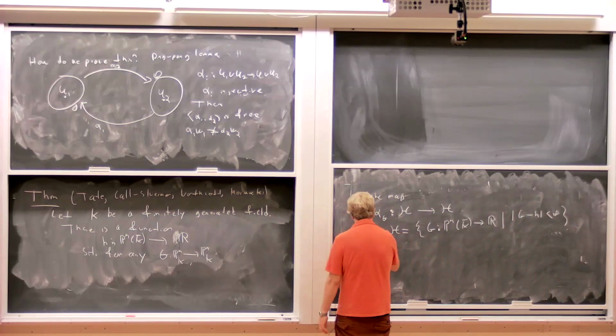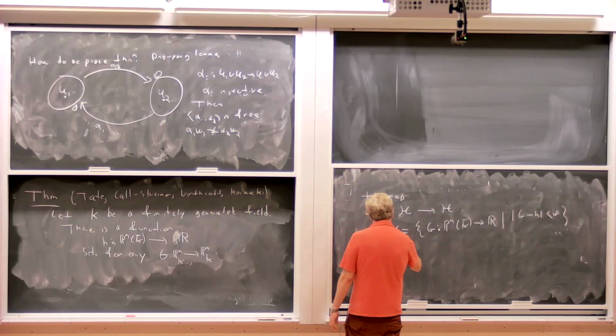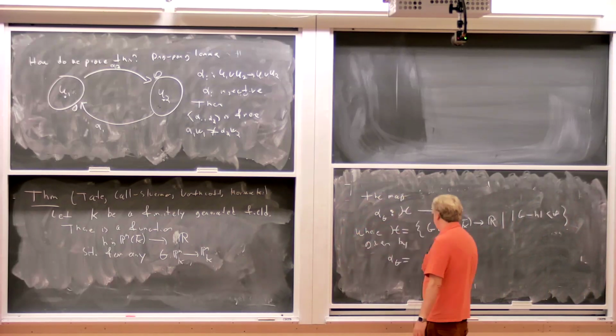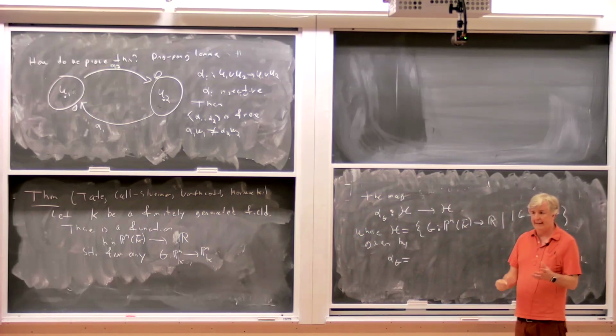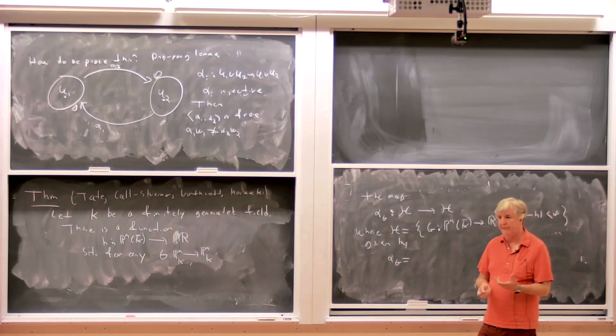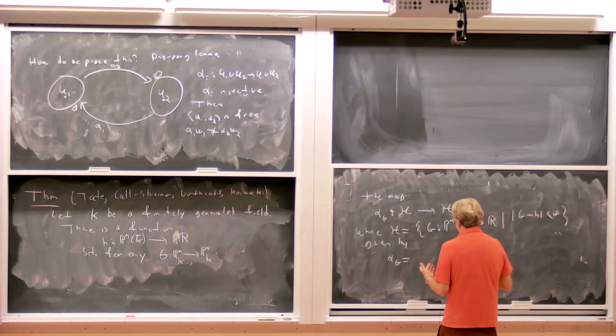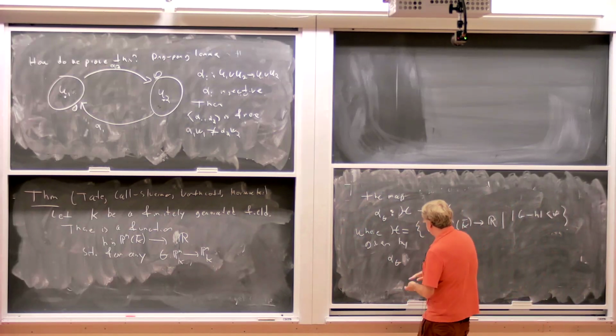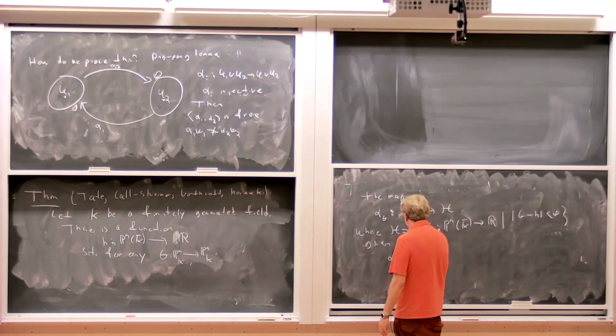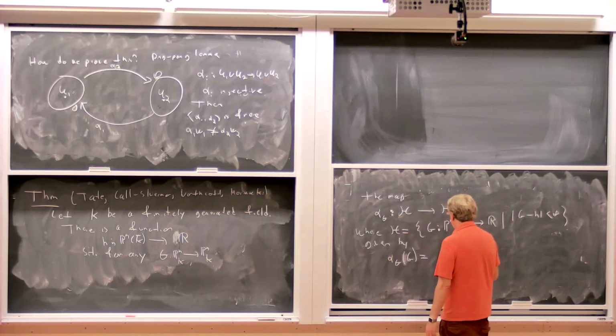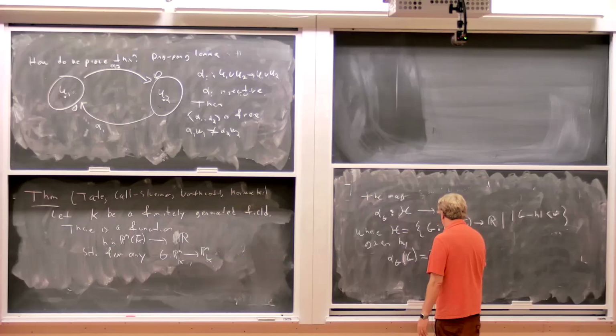What is alpha theta going to do? This might look pretty familiar if you've seen it before. It's a little bit like the Tate procedure. If I take alpha theta of G, it's just the function I get if I divide by the degree of theta.